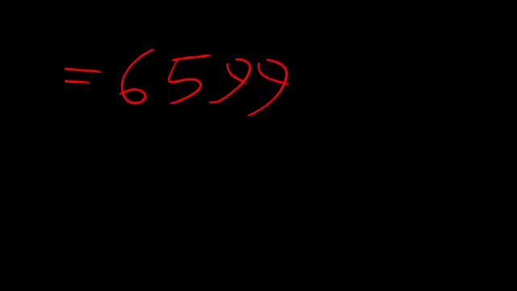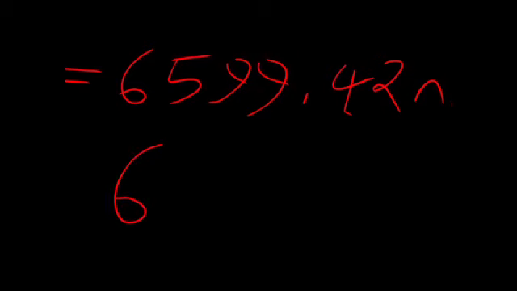We are simply going to get 6,599.42 nautical miles, which can be rounded off to the nearest 100 as 6,600 nautical miles. That is how we can get the distance.